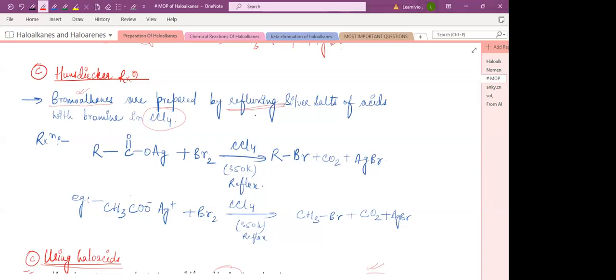This happens because evaporation happens at a very high temperature, around 350 to 380 Kelvin. So reflux is a technique in which evaporation and condensation take place simultaneously.